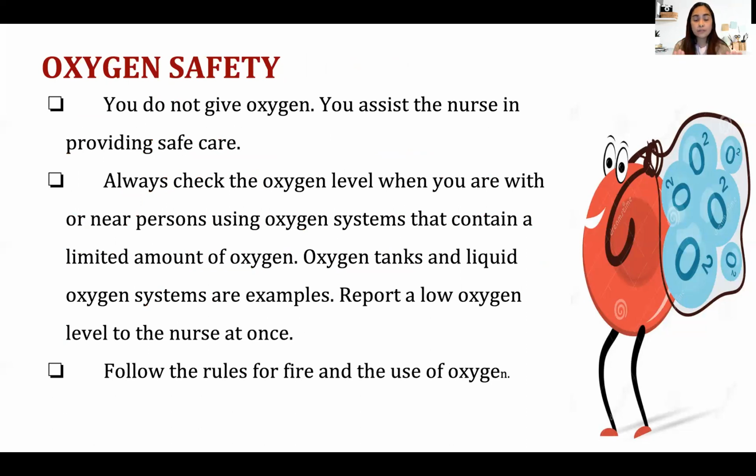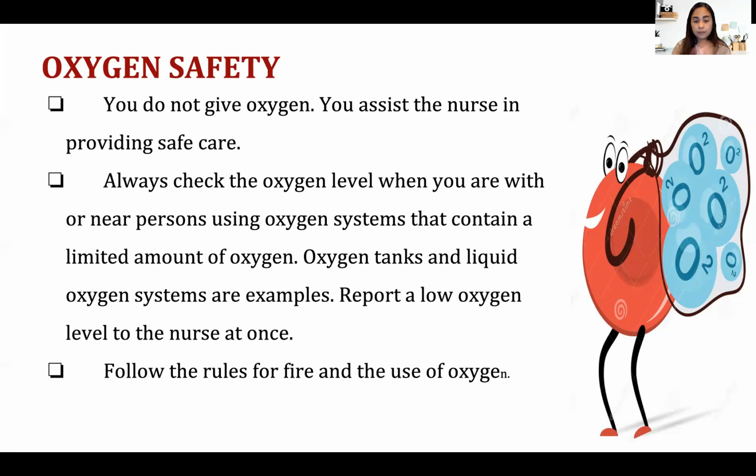Because they have what we call the oxygen drive. If you regulate the oxygen higher than 2, they will have difficulty breathing. So for COPD patients like chronic bronchitis and emphysema, you should put only up to 2 liters per minute.